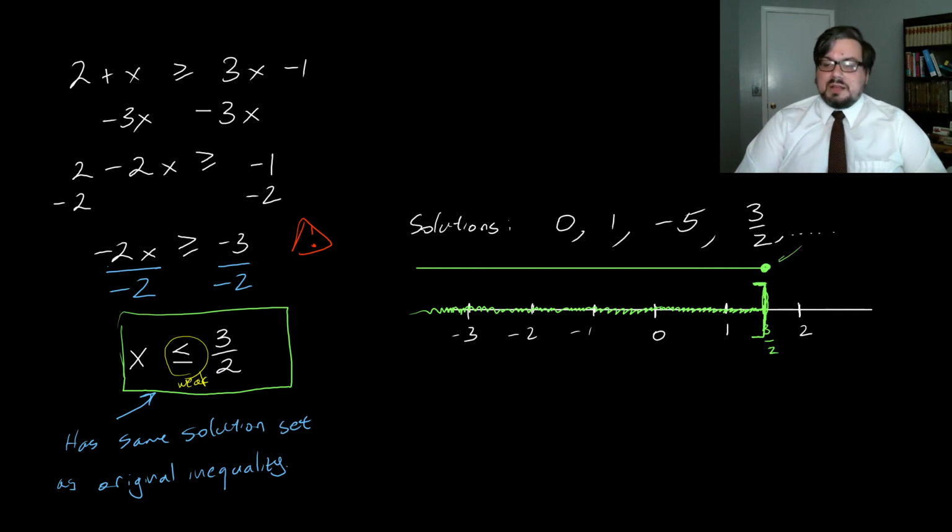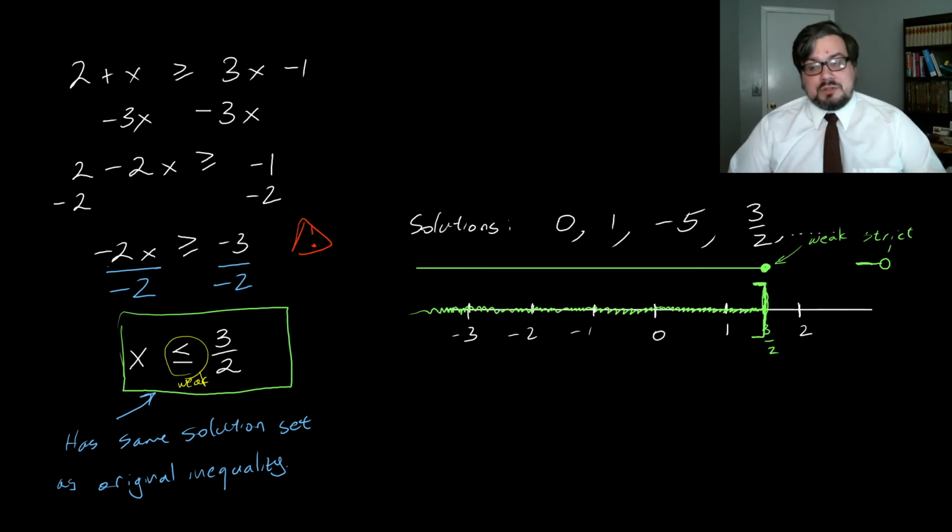So let me point out right now that the solid dot is for a weak inequality, one that actually includes the endpoint, the 3/2. A strict inequality would use an open circle going to the left, indicating that our solution includes all the numbers up to the 3/2, but not including it.